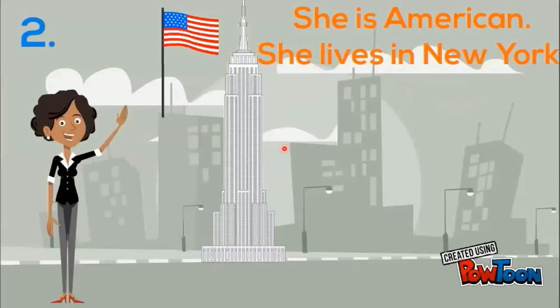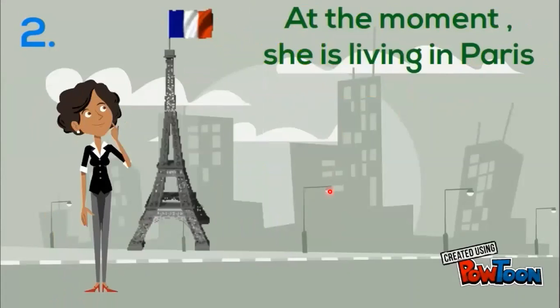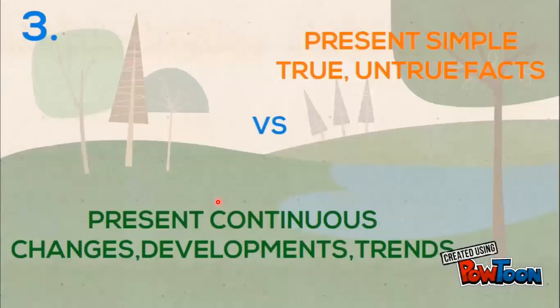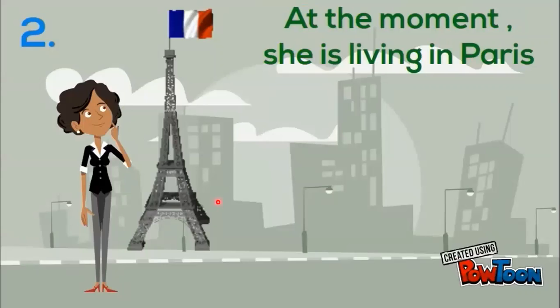Example, she is American, she lives in New York. At the moment, she is living in Paris. At the moment. So this is a temporary situation.